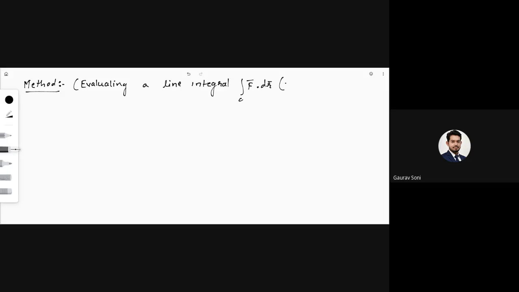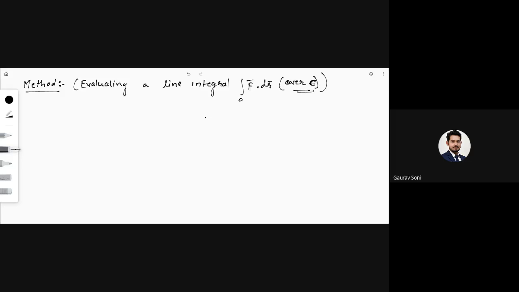Note that this integral is over C. So what is C? C is the path over which you are integrating. So a line integral is always integrated over a curve, whether in two-dimensional space or three-dimensional space.